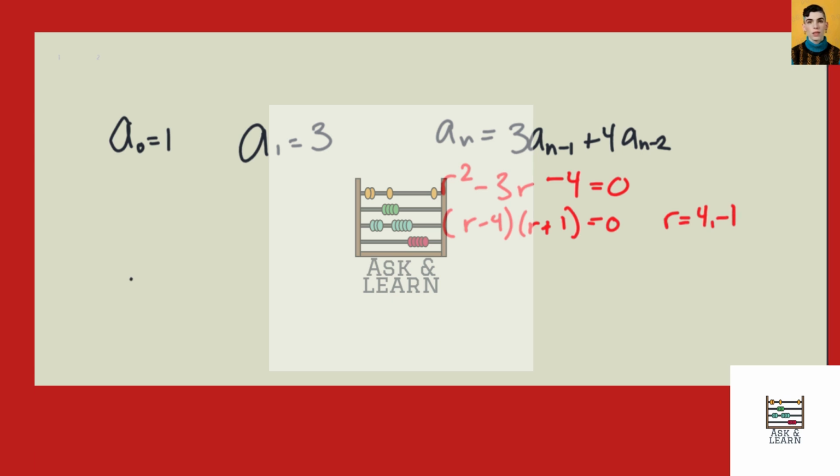So this means that our homogeneous solution is equal to alpha 1 times 4 to the power of n plus alpha 2 times negative 1 to the power of n. And of course, in this instance, it's actually just our entire solution because there were no other functions of n written there.